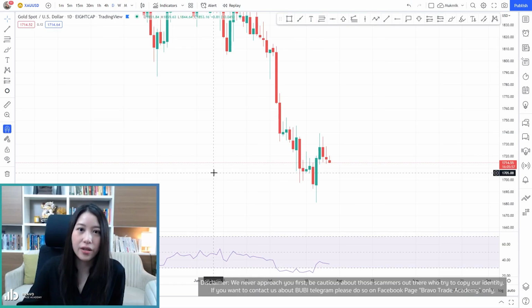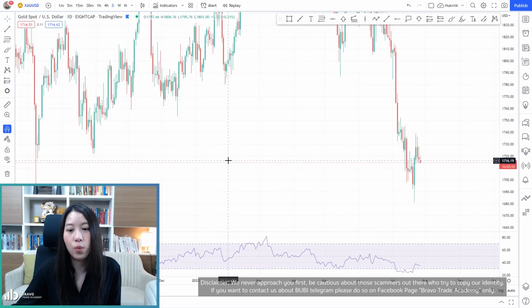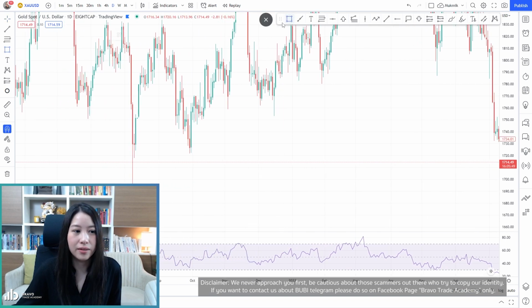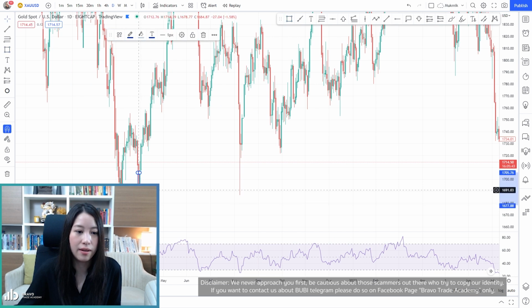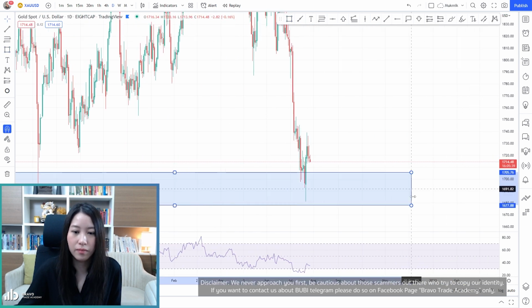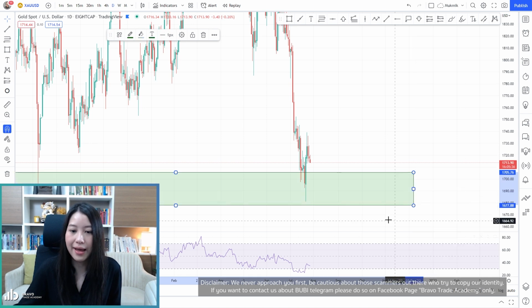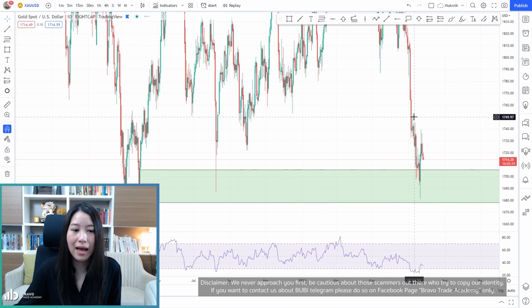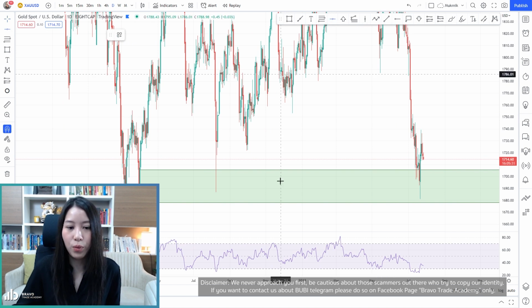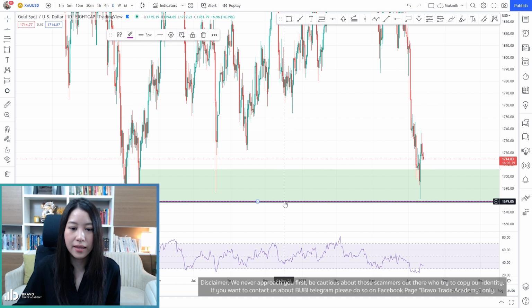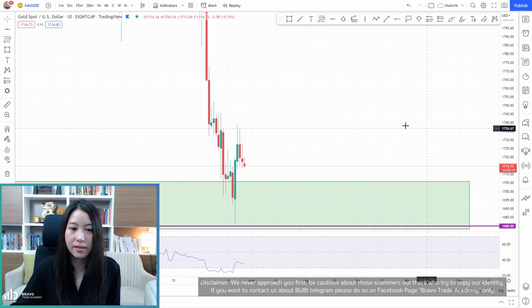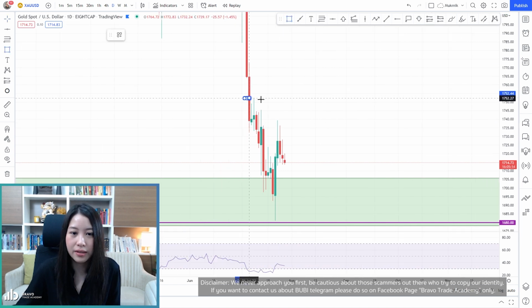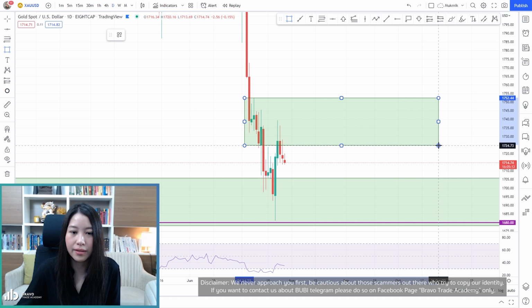We do need to start with the daily time frame as always, and if you remember, we have our demand zone here. Is this one removed? Yeah, so we will need to use this one instead. All right, so that's the demand zone, and we have our significant supports at around 1680, and the price is now trying really hard to remove this supply zone.